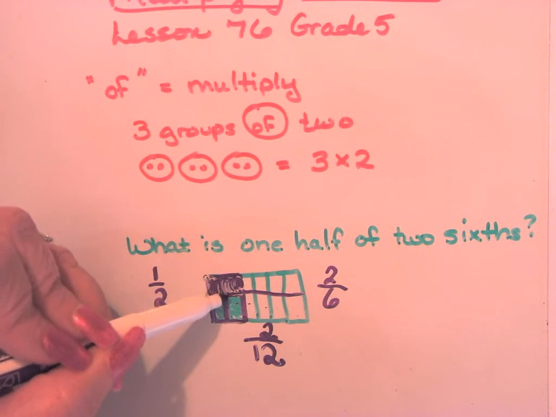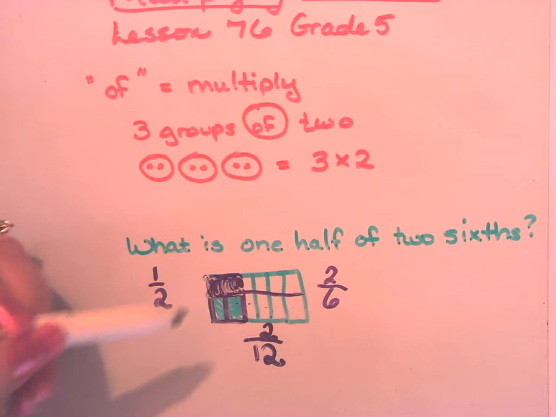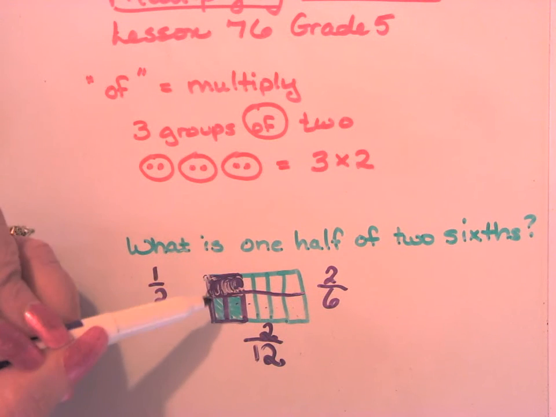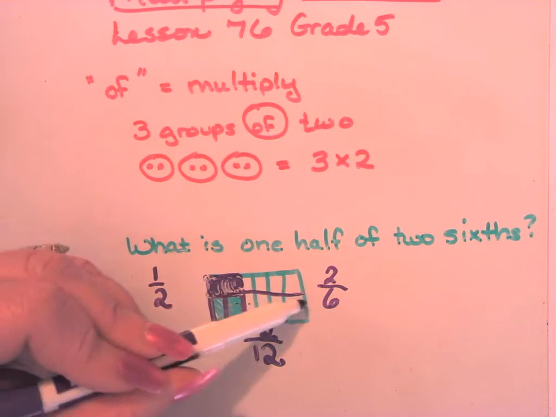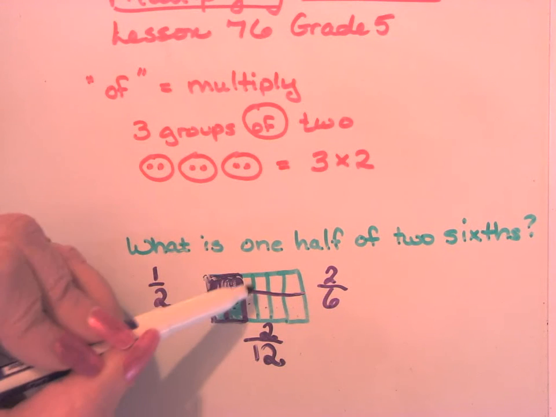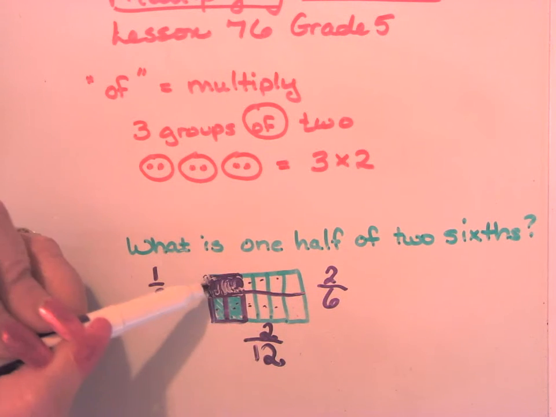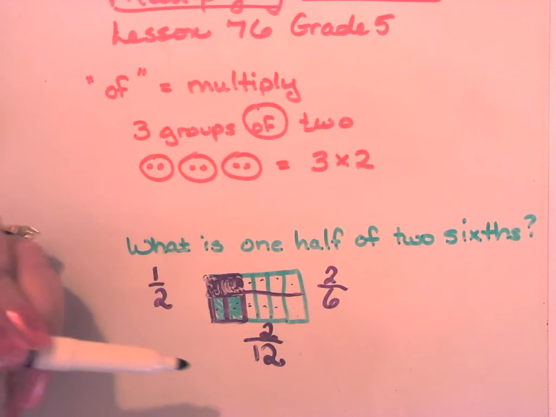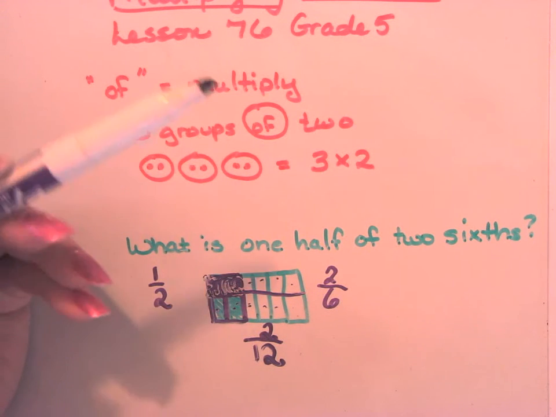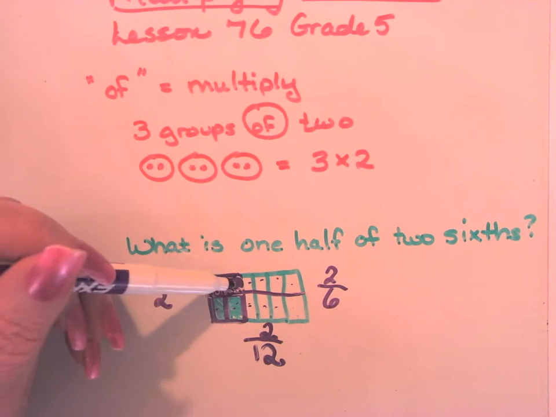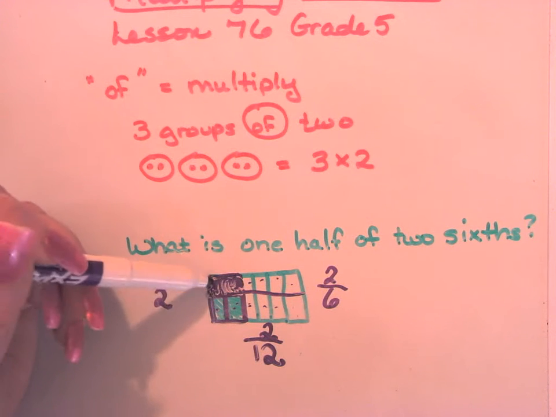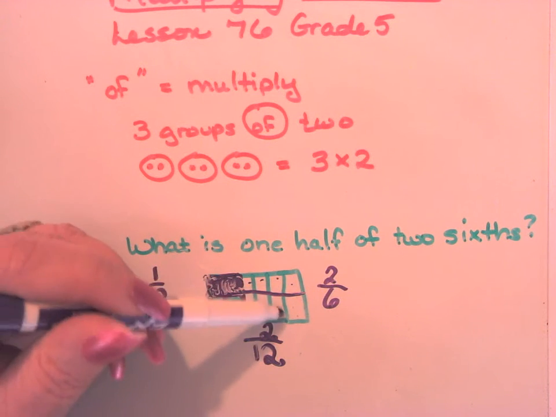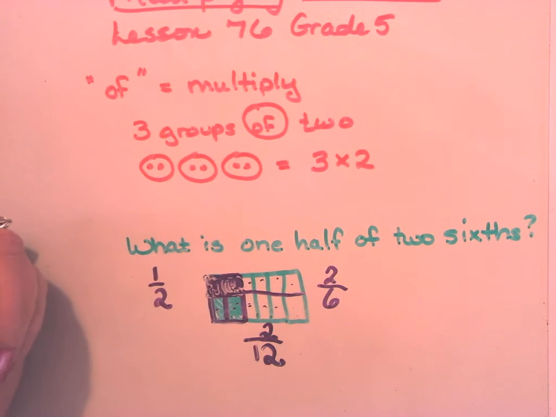We broke it into smaller sections, and now each section is the same size. So whether I take this piece over here or this piece over here, it's not going to matter. They're the same size. And then we saw that there's 2 pieces shaded in out of 2, 4, 6, 8, 10, 12 pieces. And we got 2/12.